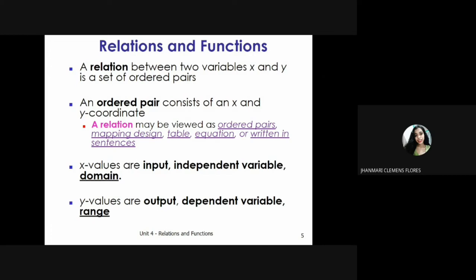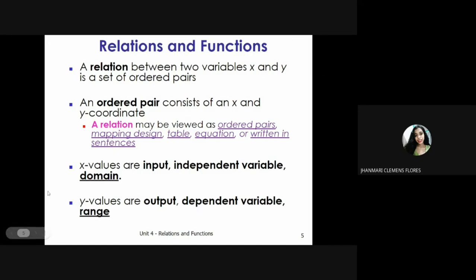The x values are the input, the independent variable, and are known as the domain. Then we have the y values, which are the output, the dependent variable, the range. Domain and range.